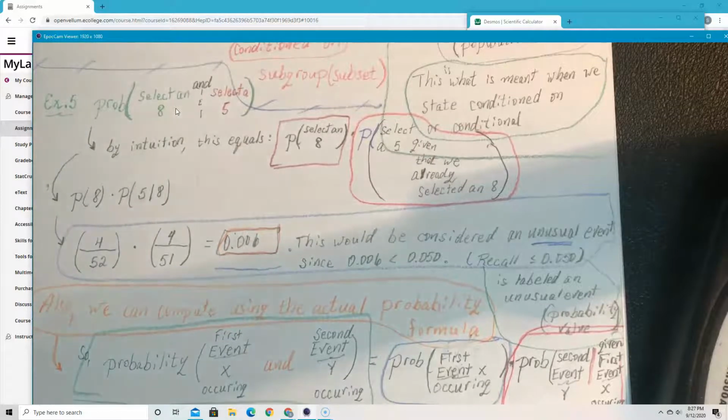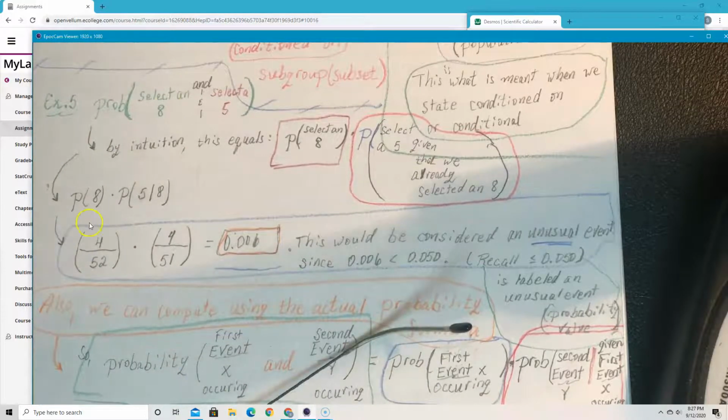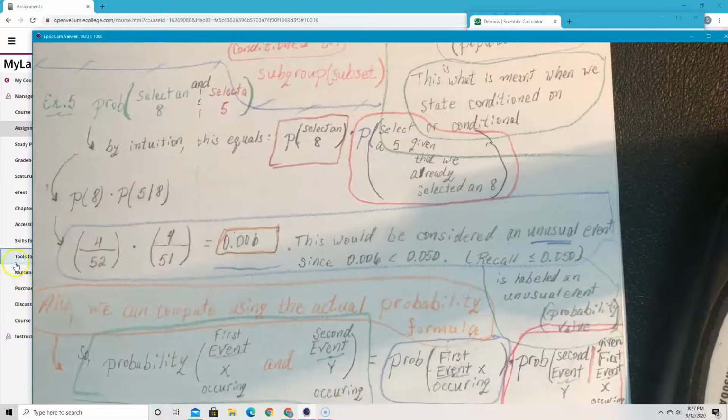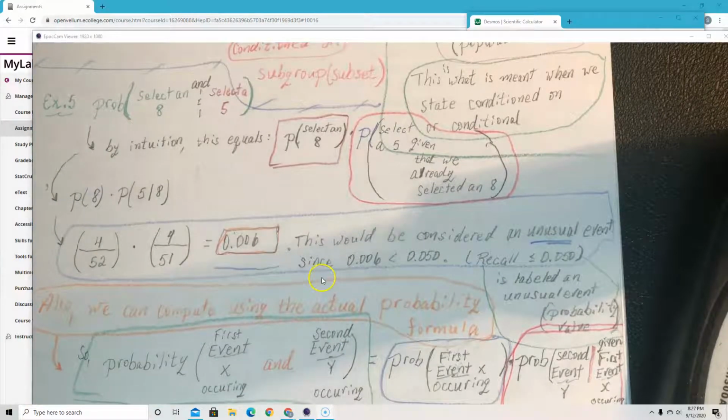Okay, so by our discussion and sort of by intuition, this question right here is equal to saying the probability of selecting an 8 times the probability that we select a 5, given that we already selected an 8 on the first try.